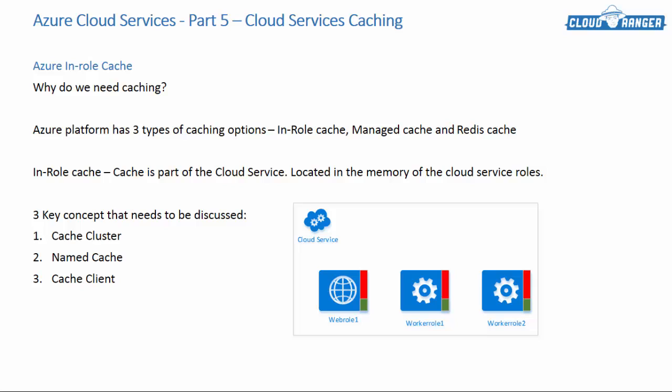If you have multiple instances of a role, which we can have, and the in-role cache is enabled, it will form a cache cluster. Let's get to that in a bit. If you look at this diagram, it's a cloud service with a web role and two worker roles. Let's think of this as a virtual machine, and this part is the memory.